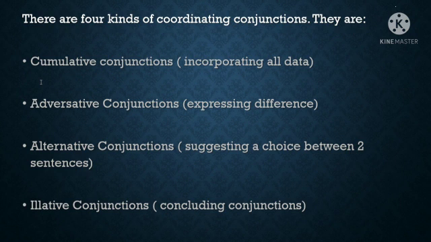Alternative conjunctions suggest a choice between two sentences. Illative conjunctions are called concluding conjunctions. Okay, you have to learn this. Let me repeat. Cumulative conjunctions incorporate all data. Adversative conjunctions express difference. Alternative conjunctions suggest a choice between two sentences. Illative conjunctions are concluding conjunctions.